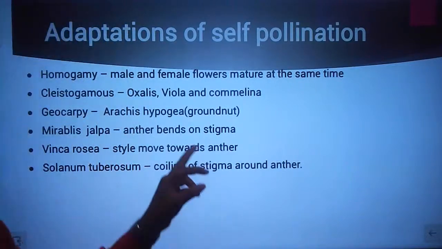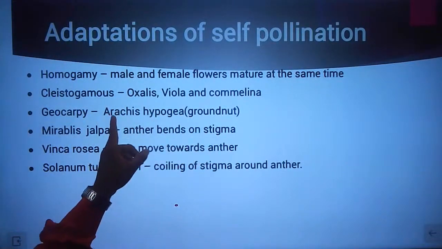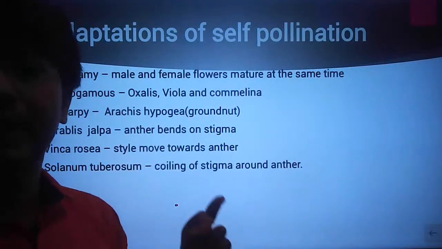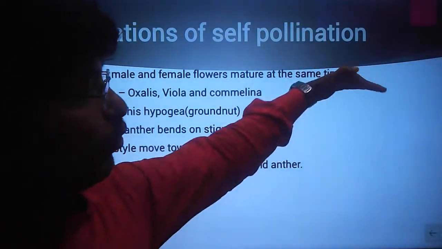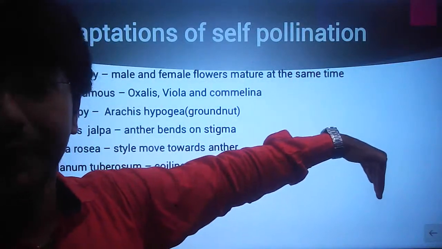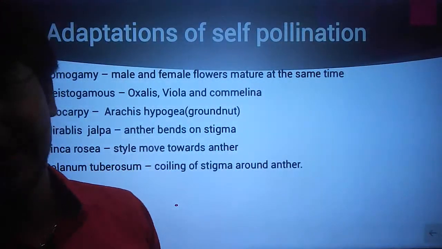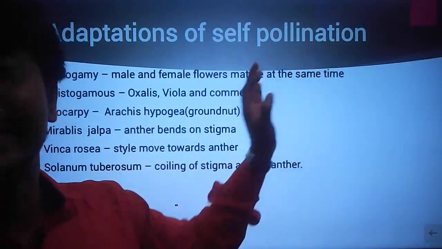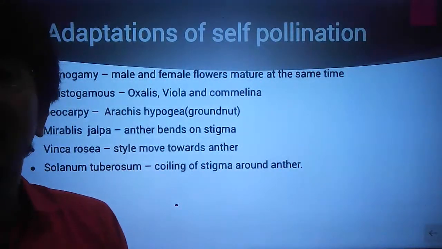The classical example is groundnut, Arachis hypogaea, where the pedicel of the female part bends over towards the ground, meets the male, and fertilization takes place. Once it is successful, the female part comes back to its own position. This process we call geocarpy.